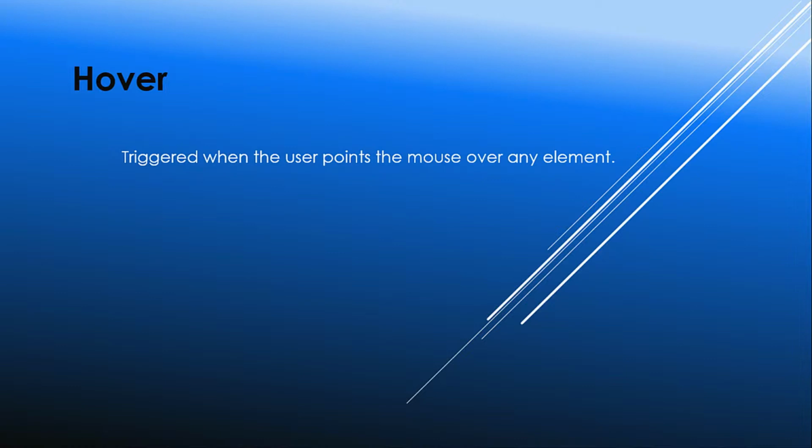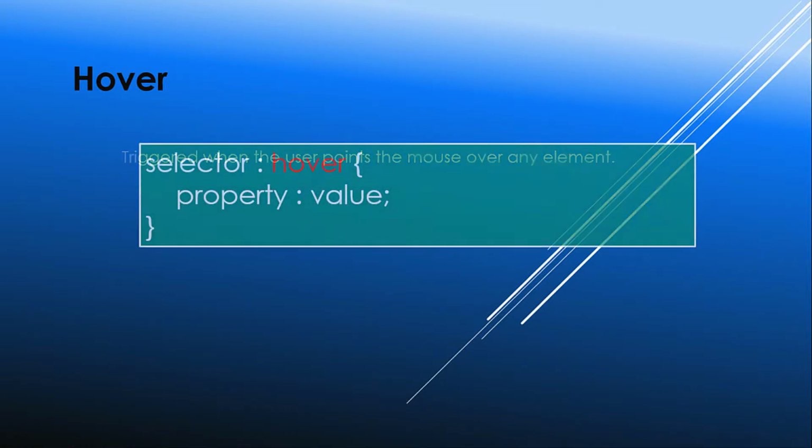Now let's have a look at the syntax of hover. One thing to notice is that all pseudo classes have the same syntax. The only difference is the name of the pseudo class.